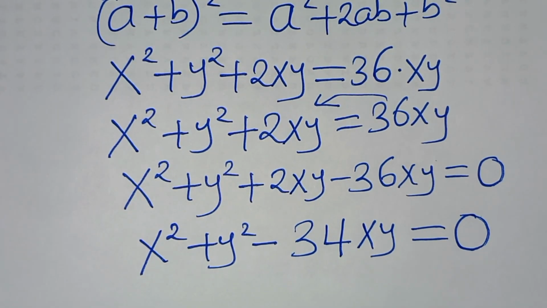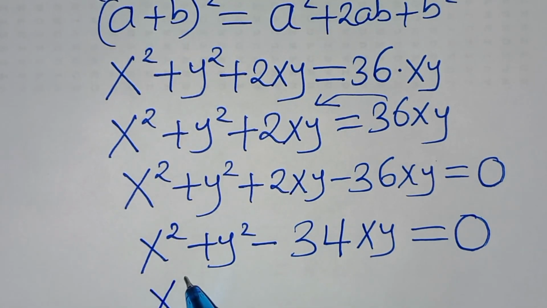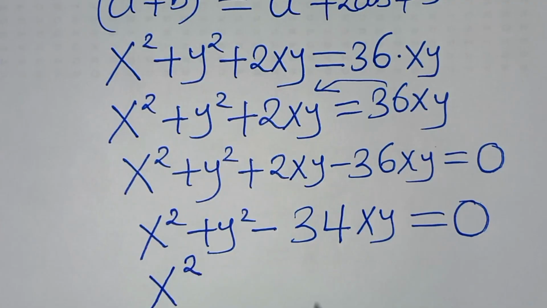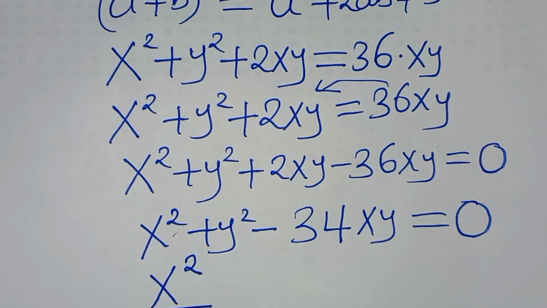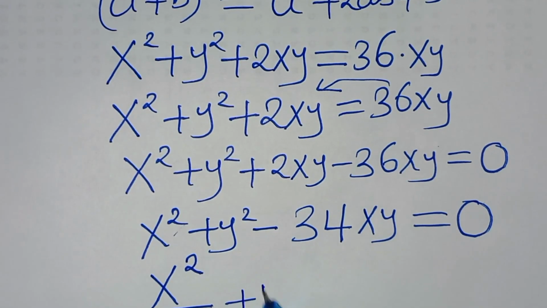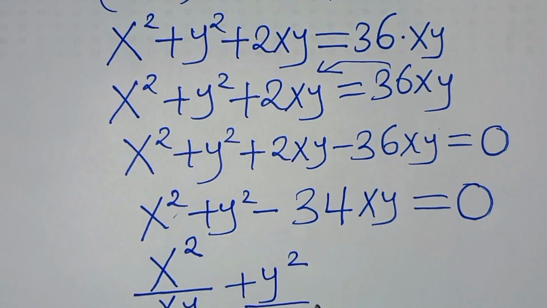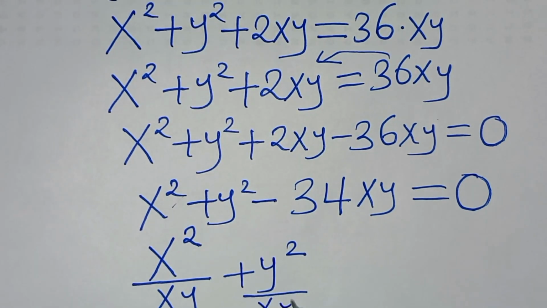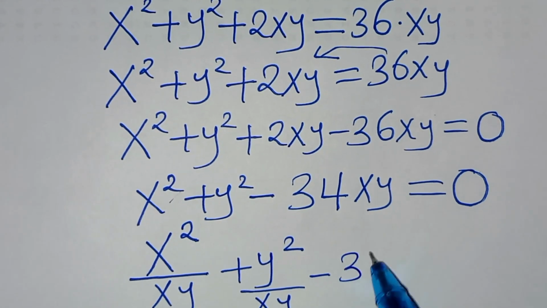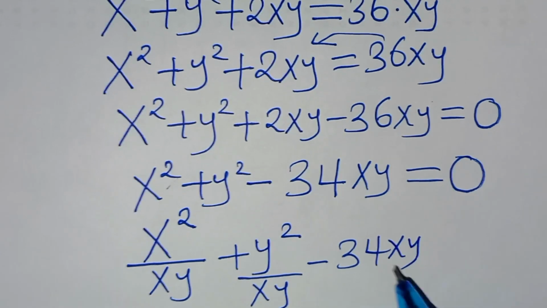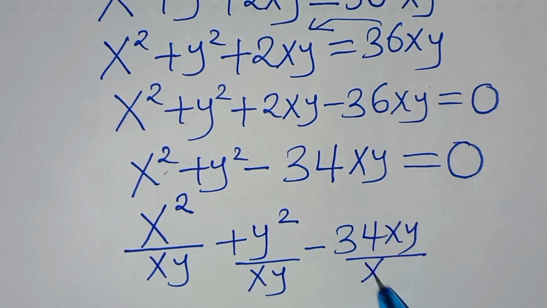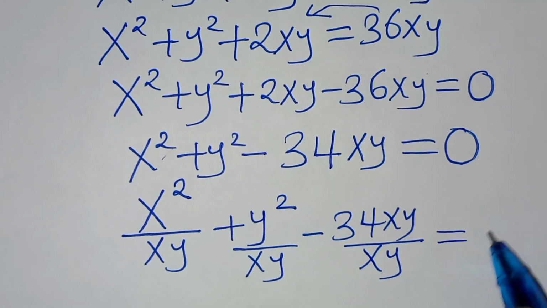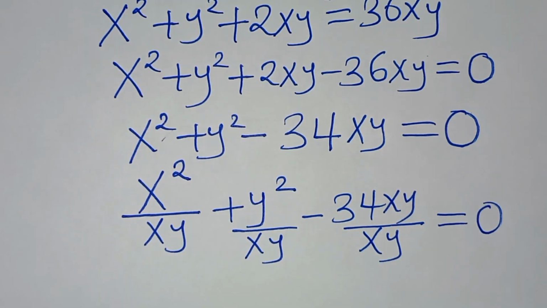Now, the next step from here, let's divide both sides by xy. So it will be x squared divided by xy, plus y squared divided by xy, minus 34xy divided by xy, equals 0.